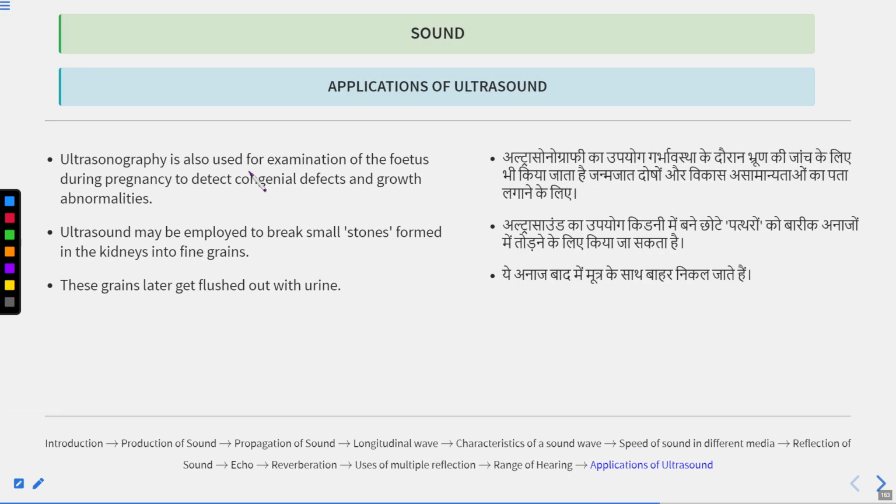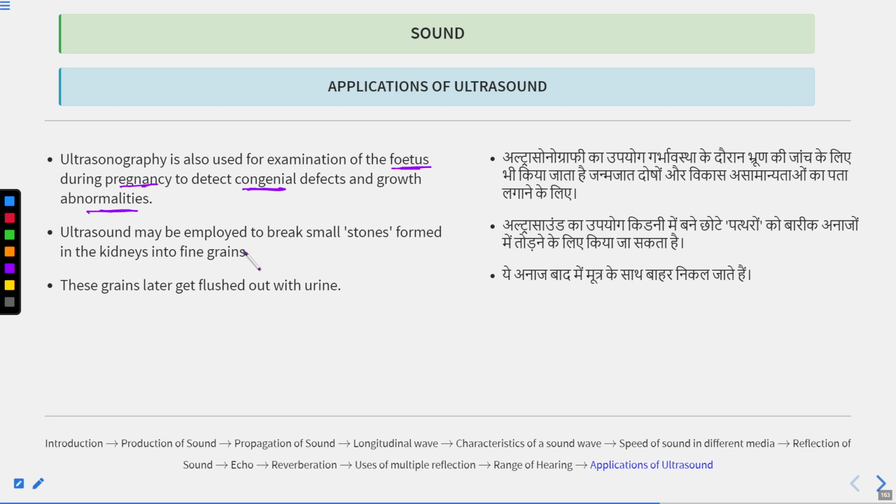Ultrasonography is also used for examination of the fetus during pregnancy and to detect congenital defects and growth abnormalities. It is generally used to examine whether the fetus is in the correct state or not, and also to detect different types of defects and abnormalities inside the body.